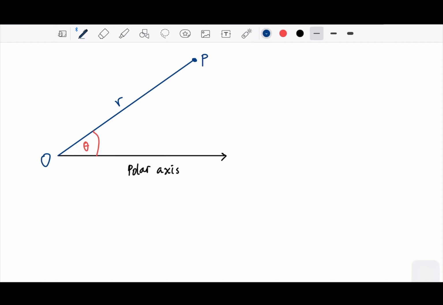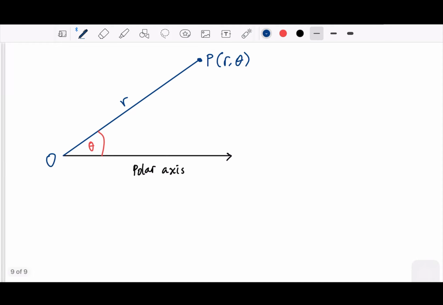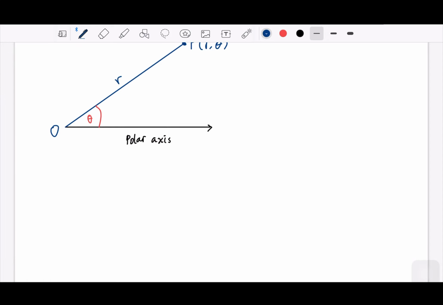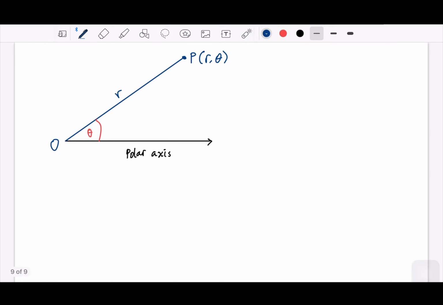So we call this point P, with coordinates (r, theta). The interesting part about polar is in the visuals, because it's always a radius.